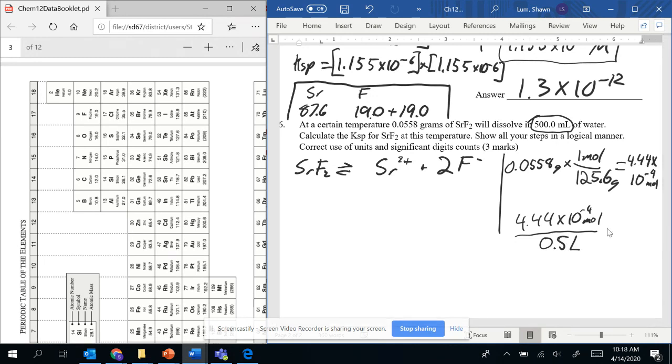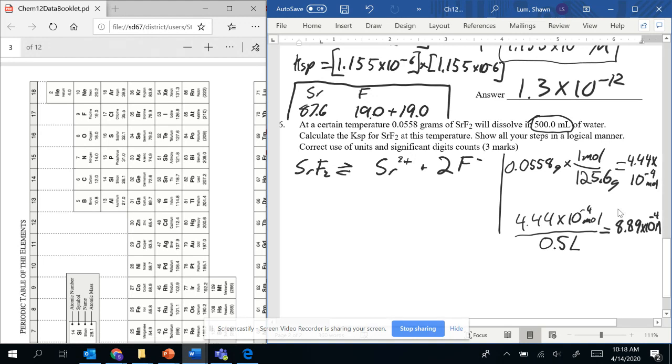And that's going to give us our molarity. So divided by 0.5 equals 8.885 times 10 to the negative 4, molarity.